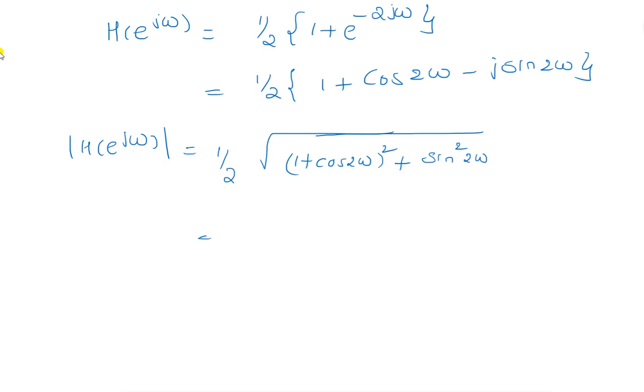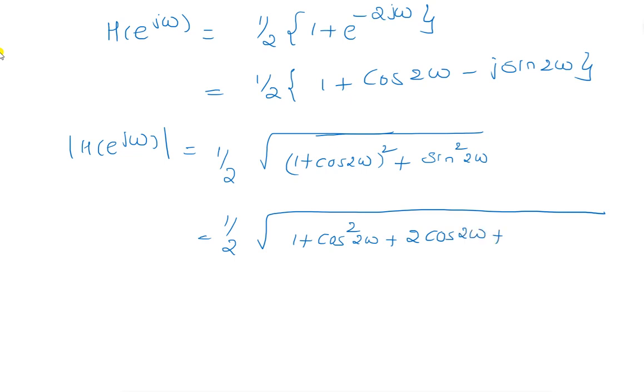This is 1 by 2 into the square root of 1 plus cos 2 omega whole square, which expands to 1 plus cos square 2 omega plus 2 cos 2 omega, plus sine square 2 omega. Here, cos square a plus sine square a is equal to 1.